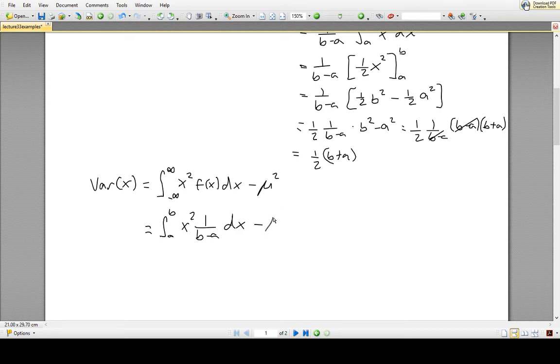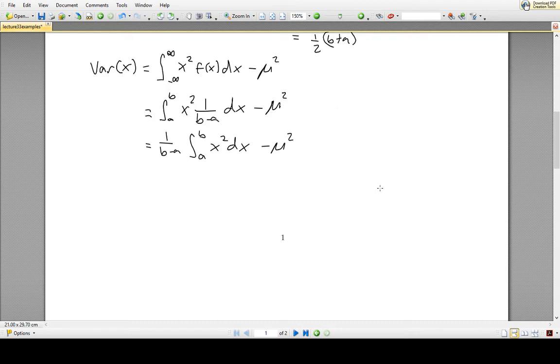For now I'm going to leave the subtraction as the expectation squared, even though we calculated the expectation already. Let's carry out this integration. We can pull the 1 over b minus a out front because it is just a constant as far as x is concerned. This is the integral from a to b of x squared dx, minus the expectation value squared.